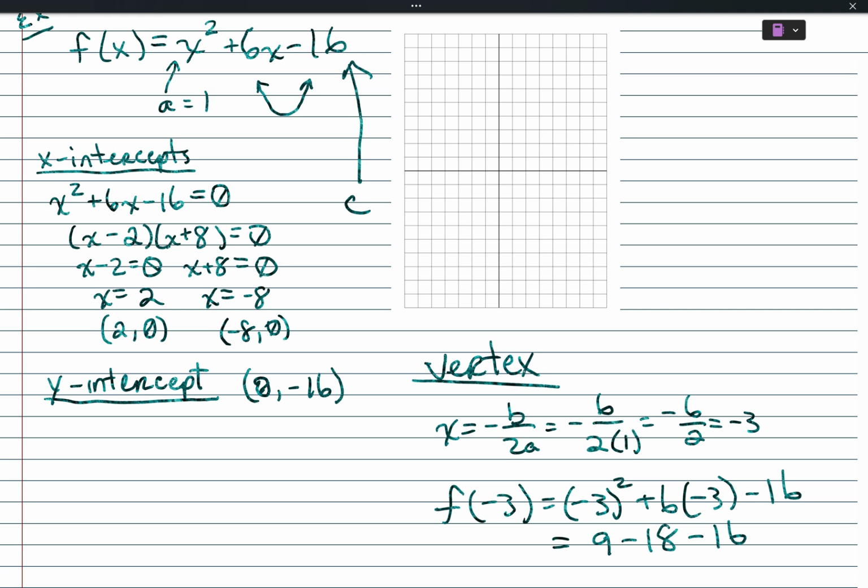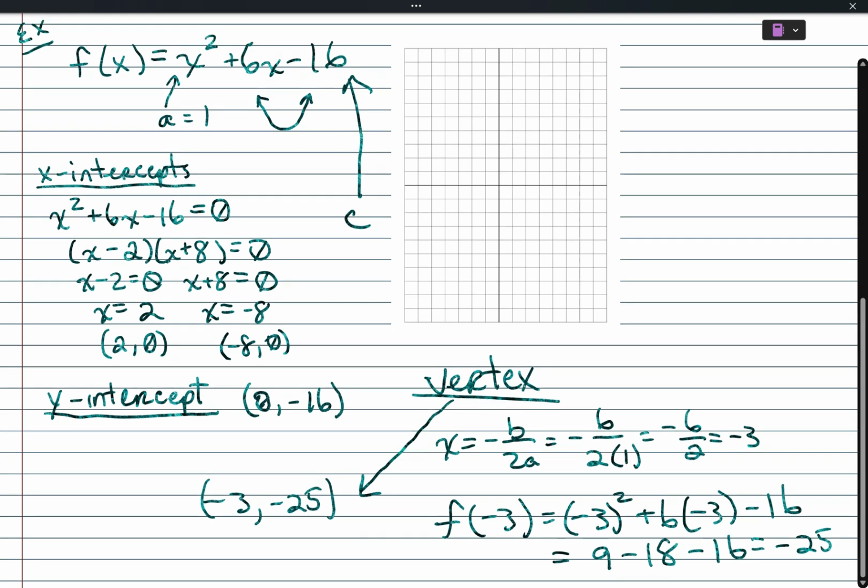And then 9 minus 18 is a minus 9. Minus 9 and minus 16 will make minus 25. So therefore, my vertex is going to be negative 3, negative 25.